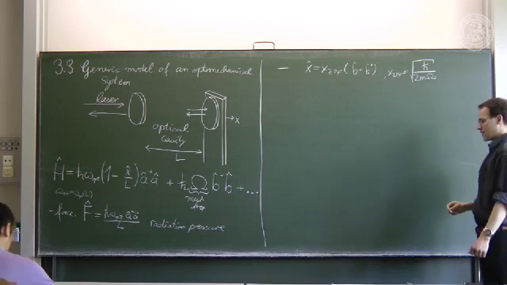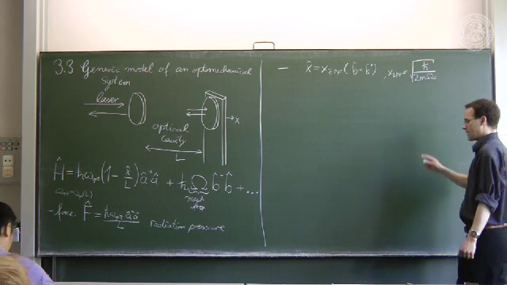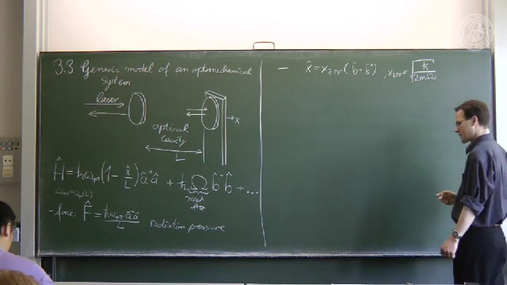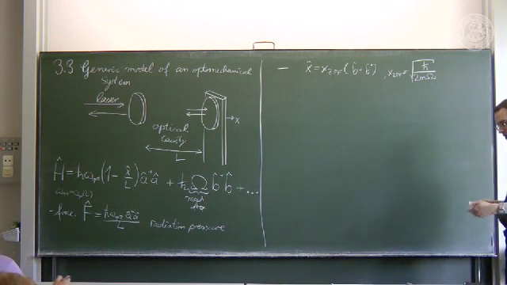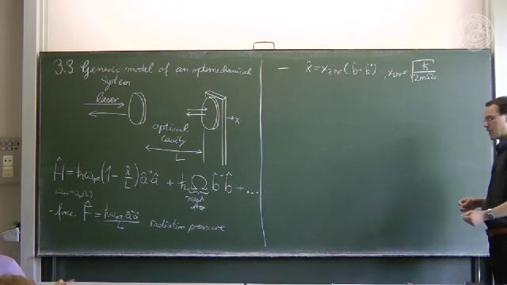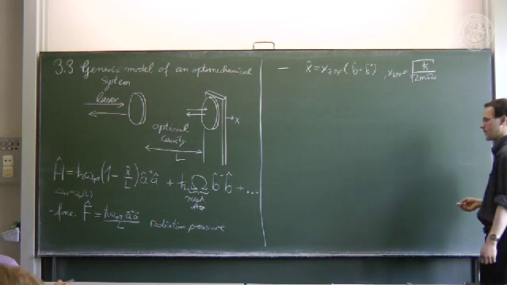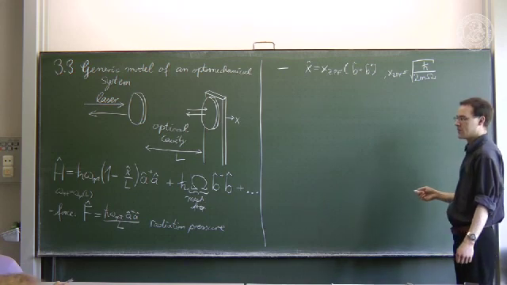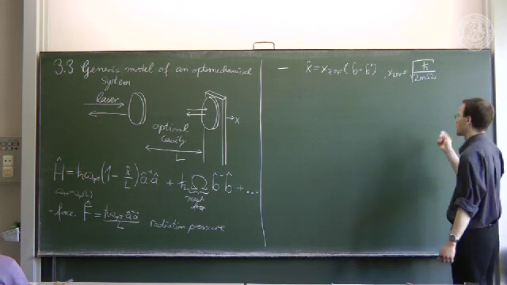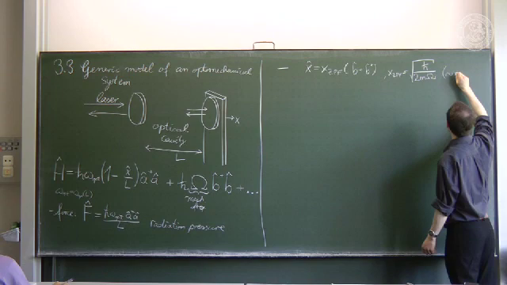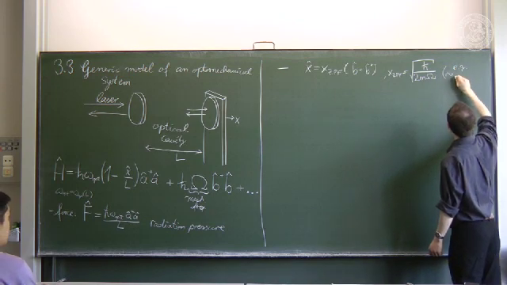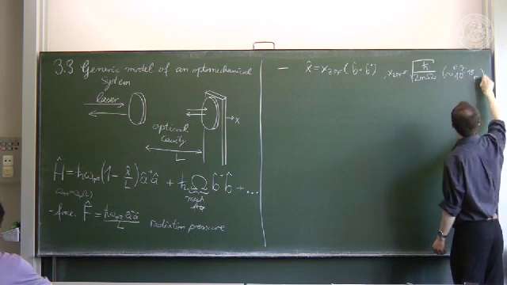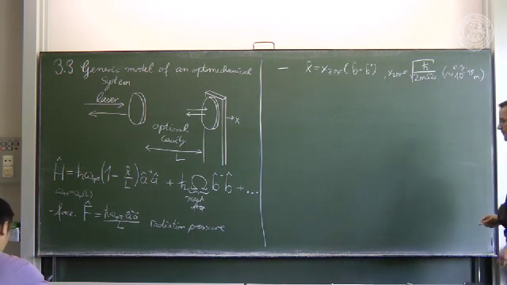Now, just to give an example of the relevant scales, this width of the mechanical ground state obviously depends on the mass and the frequency, but for typical devices that are being investigated nowadays, this can be on the order of 10 to the minus 15 meter, that is a femtometer, the diameter of a proton. So that is very tiny.